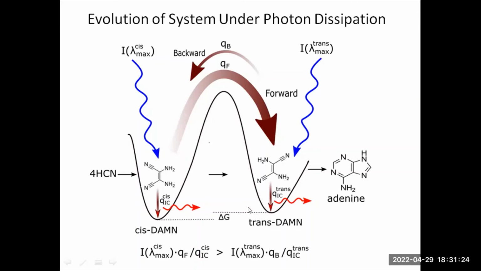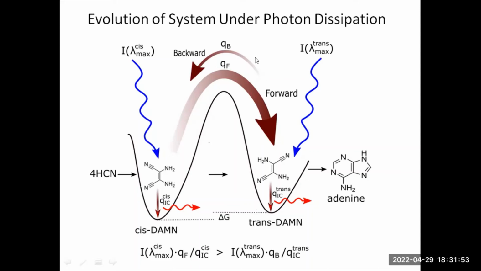So you can convince yourself that in order to get a transition from this molecule to this molecule, we have to have that this is greater than this, where these are the quantum efficiencies. So this is the quantum efficiency for this chemical transformation, a rotation around the double bond, this QF in the forward direction.